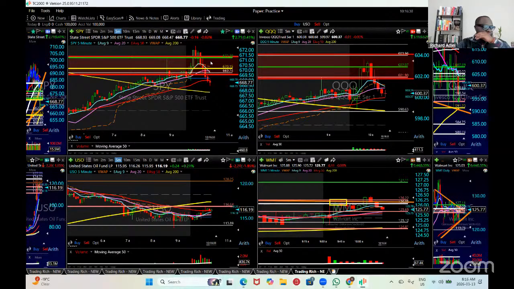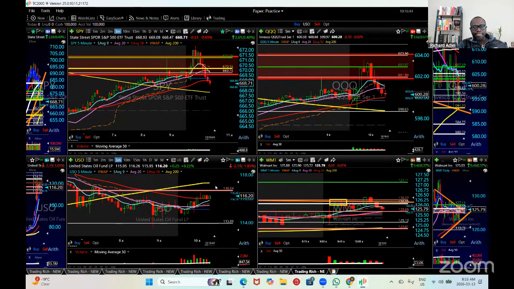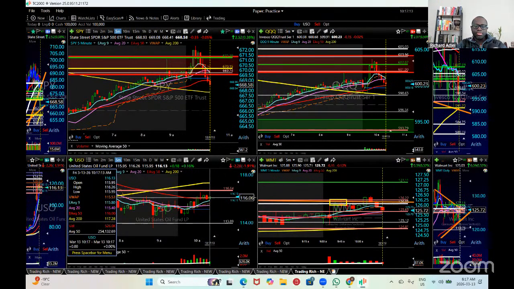It all depends on oil. Oil looks like it's bull flagging here. USO is bull flagging here, so that might not bode well for these guys. But QQQ is in a good spot to bounce. If we clear here, then the floodgates are going to open and it's going to go way down. So watch this.